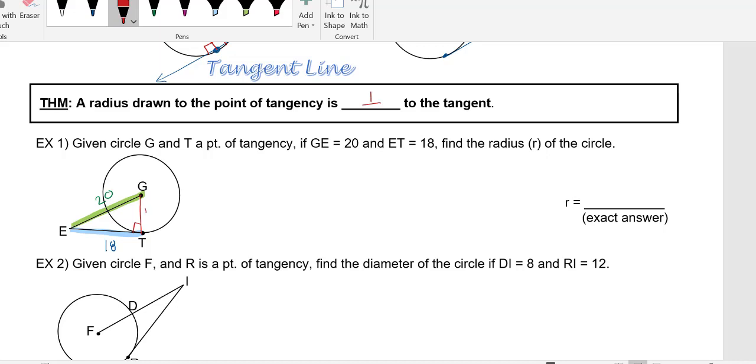From here, let's label that value as r, x, whatever it happens to be, and then set up our Pythagorean theorem. We have our leg squared plus leg squared equals hypotenuse squared. We solve and simplify this. Subtract that 324.